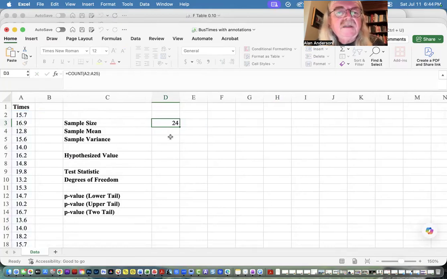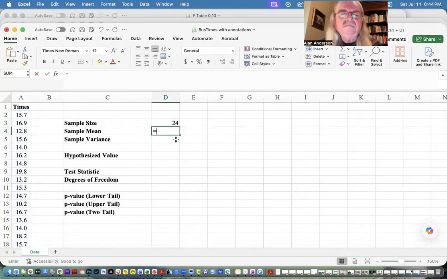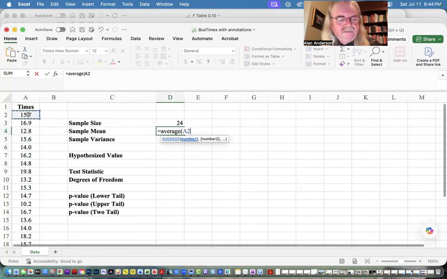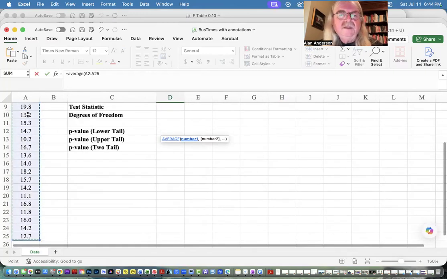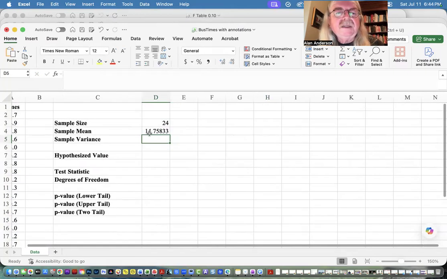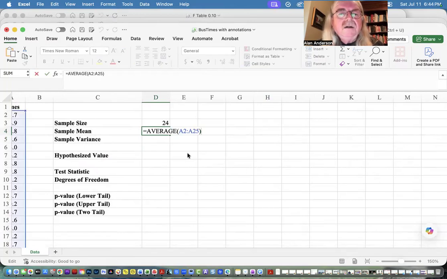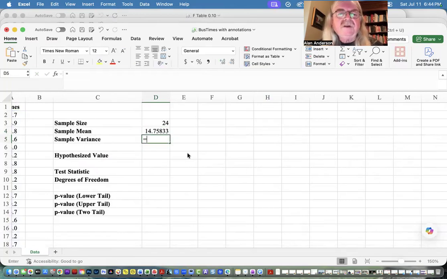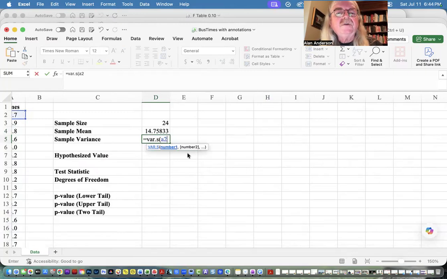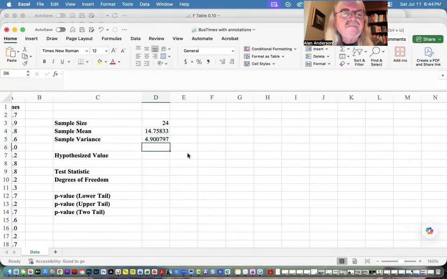And then the sample mean, same thing. That would be A2 through A25, and then the sample variance VAR.S, A2 through A25. The hypothesized value is 4.